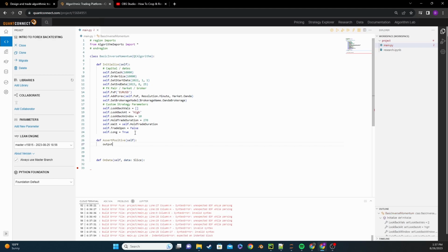Well, first we're going to have an output. We're going to set it default to true, okay? And then we're going to loop through our look back values. So for i in range, self.look_back_vals, okay?